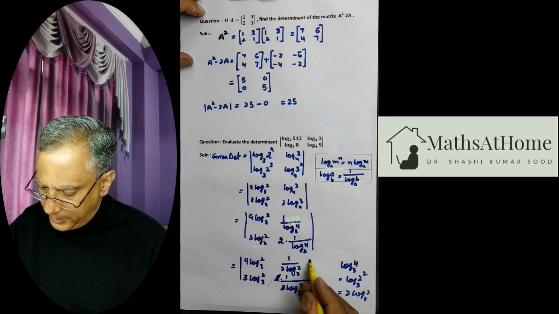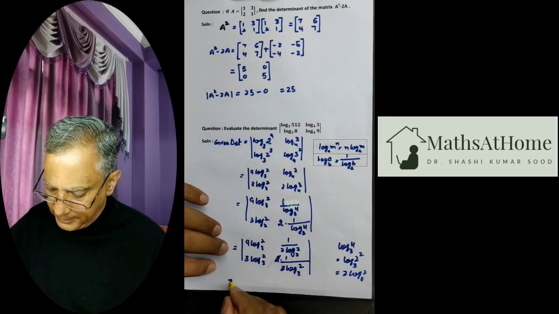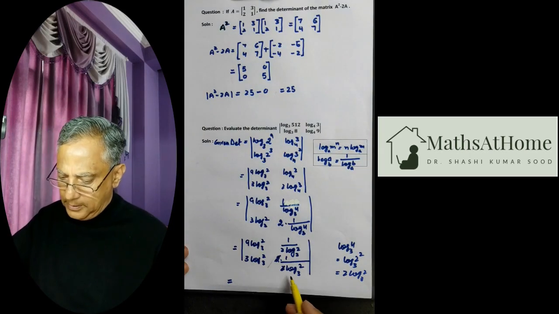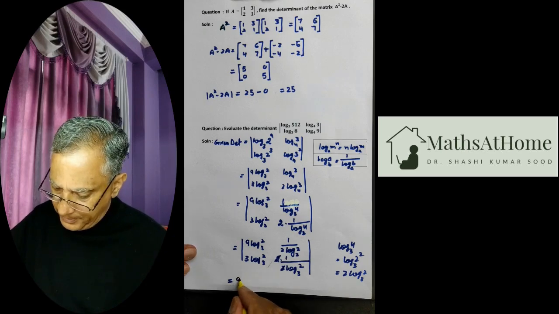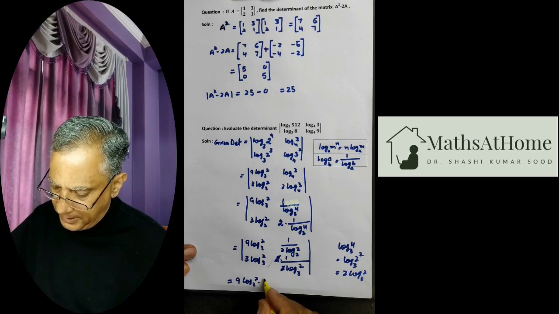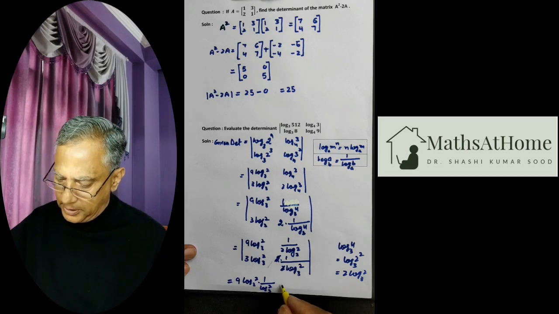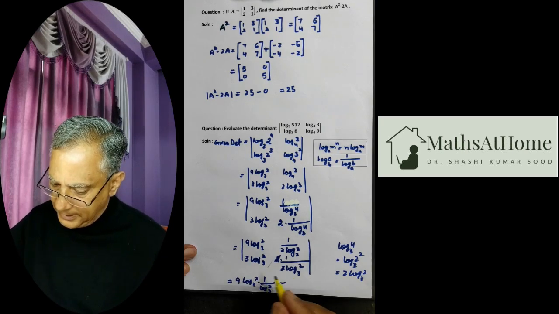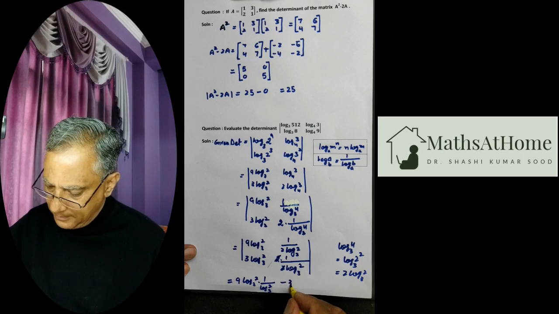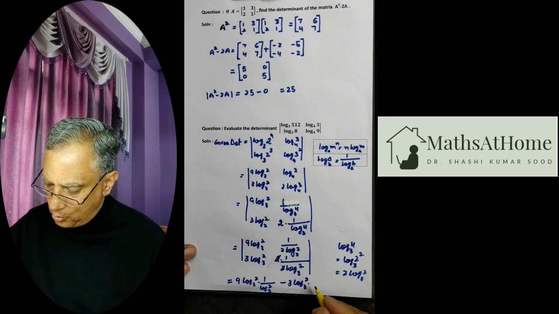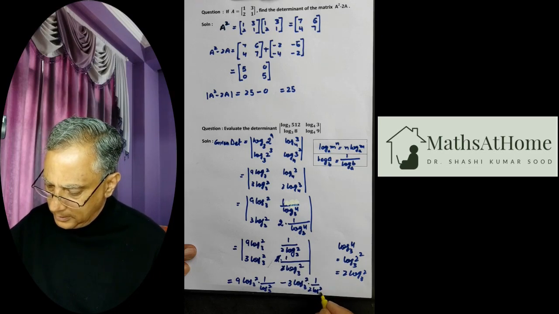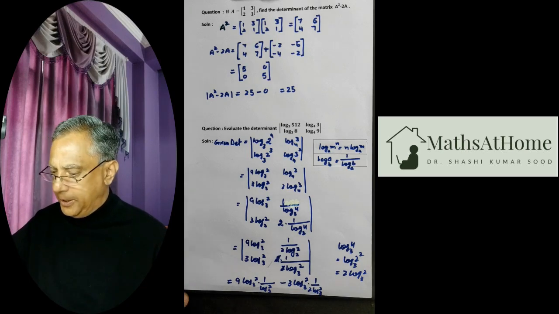This 2 cancels with this, and this is equal to this into this. This will be 9 log 2 to the base 3 into 1 upon log 2 to the base 3, minus this into this, minus 3 log 2 to the base 3 into 1 upon 2 log 2 to the base 3.